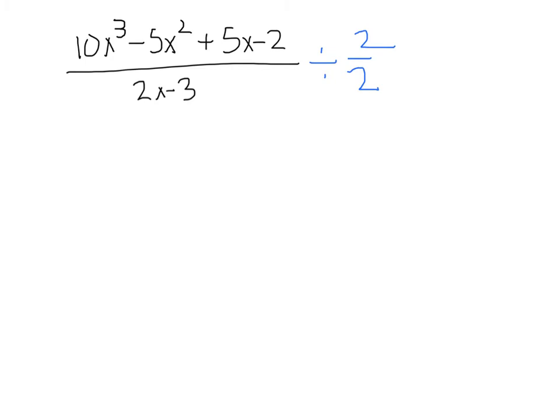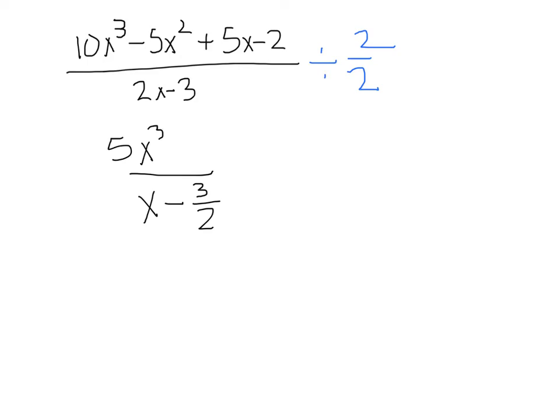For my bottom number, this is going to be 2x divided by 2, which is just going to be x, and a negative 3 divided by 2, which is going to be minus 3 halves. Now for my top number, each of these terms is also going to be divided by 2. So 10x cubed divided by 2 is just going to be 5x cubed.